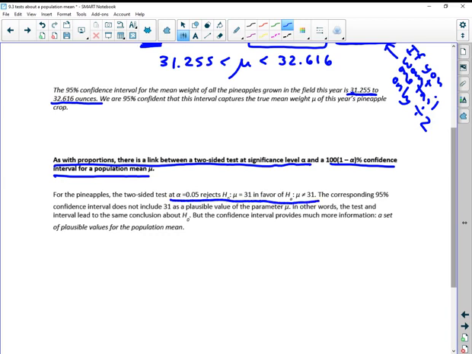And if you look at our confidence interval of 31.255, think about, is 31 in that interval?